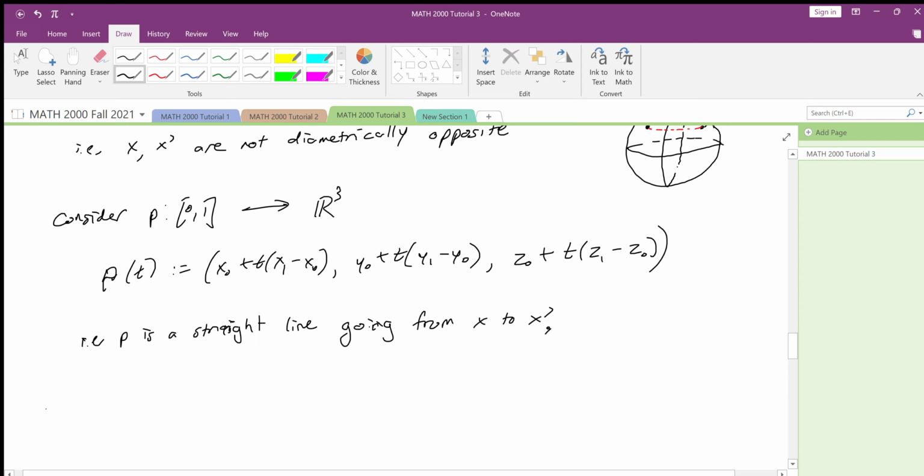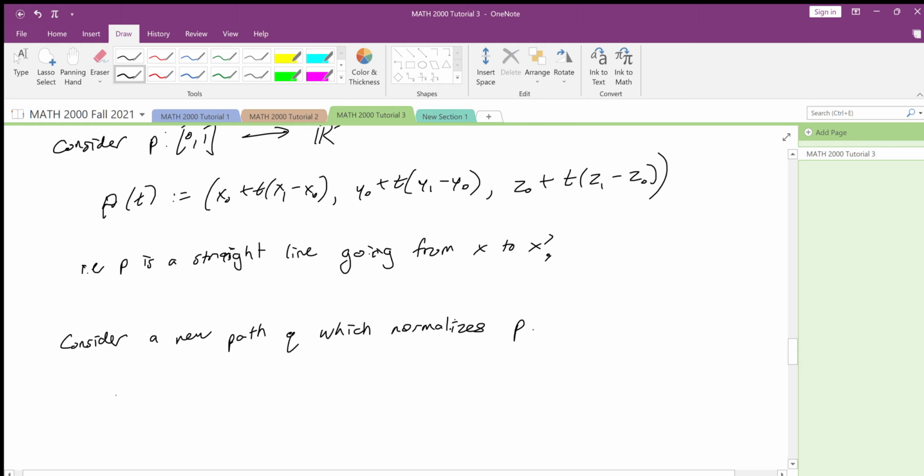So consider a new path Q, which normalizes P.